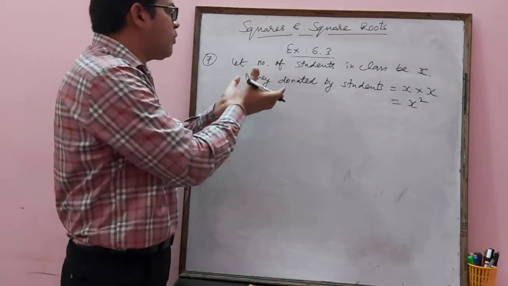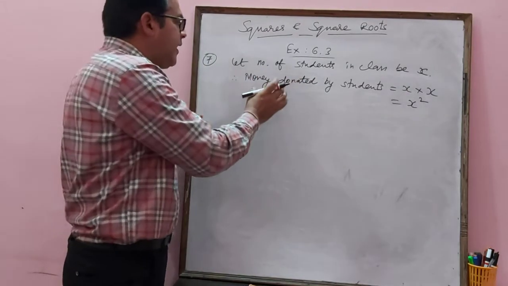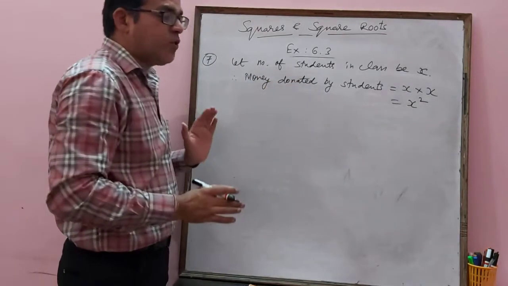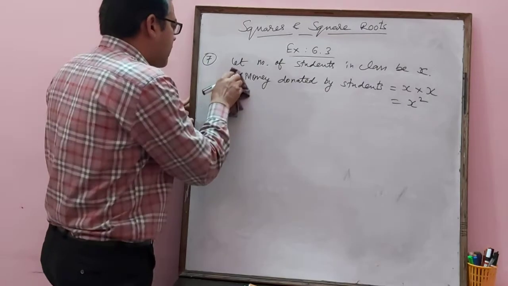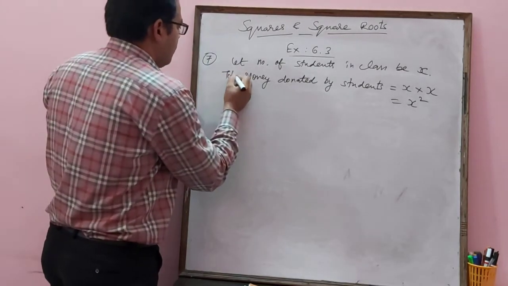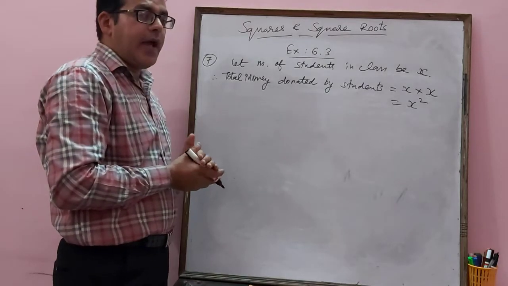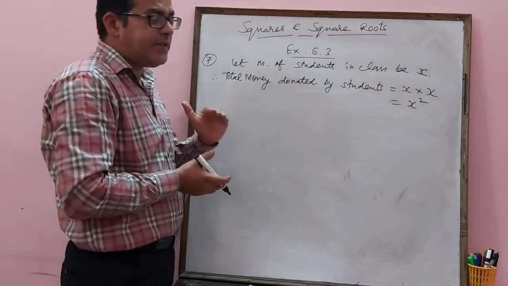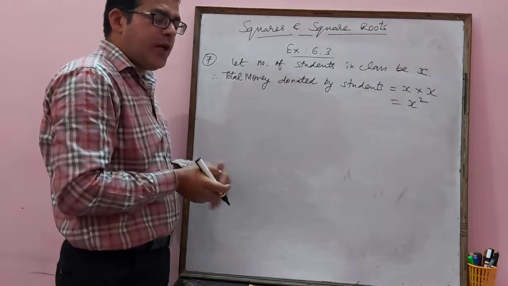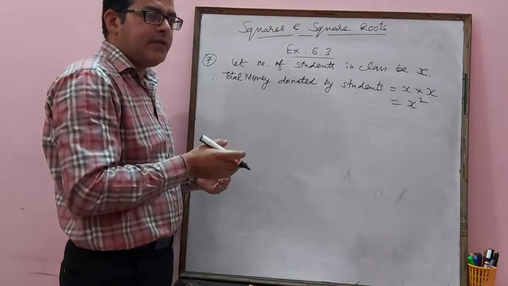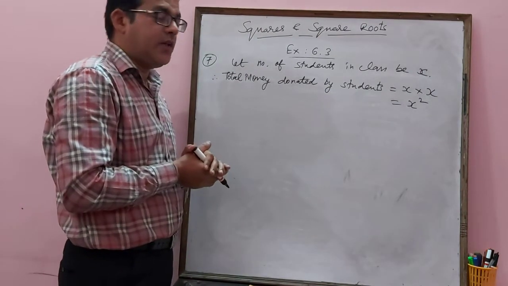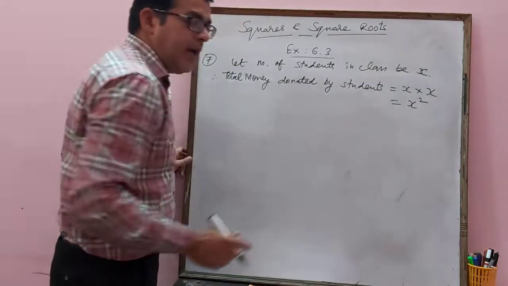Let the number of students in the class be x, and the total money donated by students will be x into x, since it is given that each student donated as much as the number of students in the class. So x into x, we have x square.